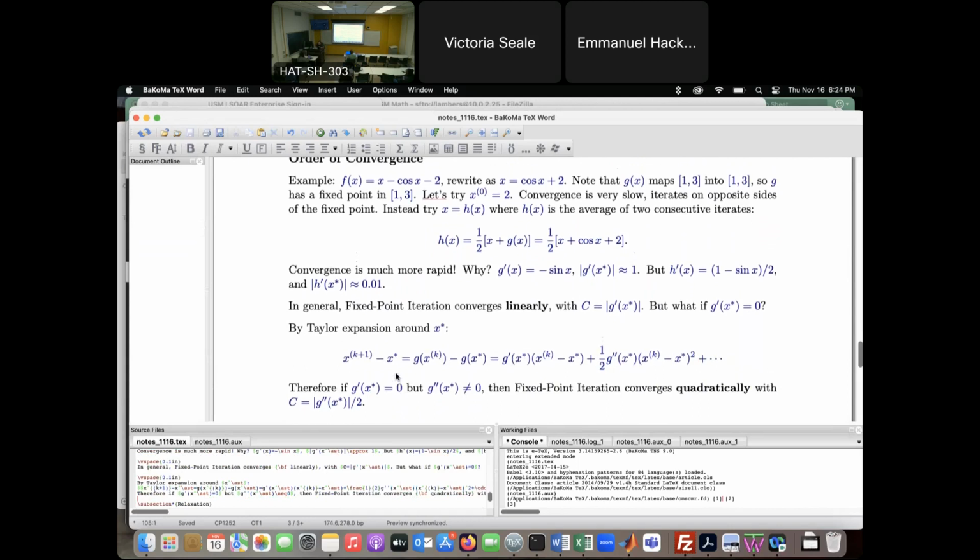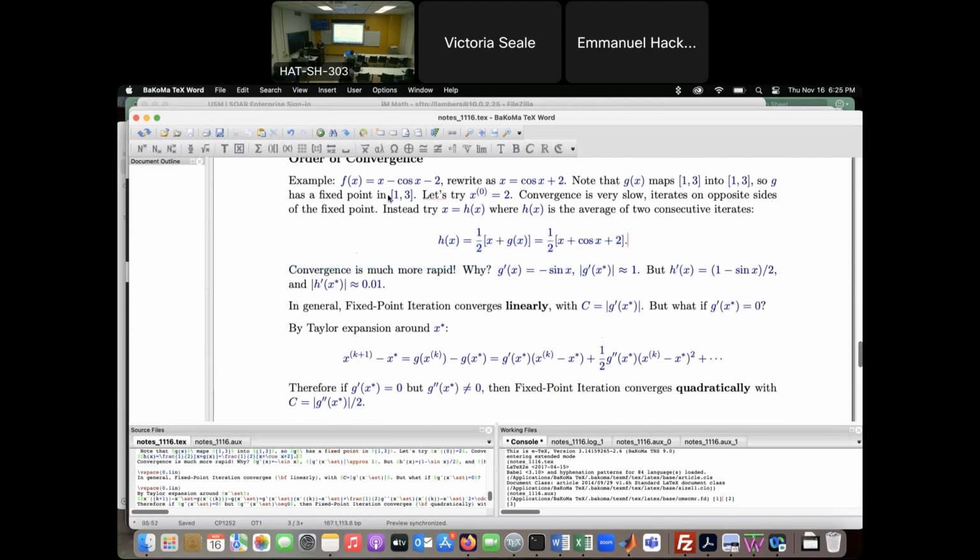Now, I'd like to tell you something about this modification of the previous example: take the average of 2 iterates and obtain faster convergence. I kind of stumbled across this by accident. I thought, this is what this example is doing, I'll try this out. Oh wow, it works. So I wanted to take that idea a little further. What if I apply this idea more broadly, where I get a fixed point iteration, but I take some linear combination of x and g of x to try to make this derivative smaller?